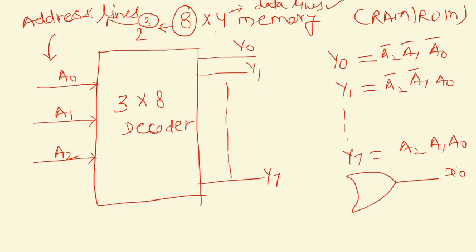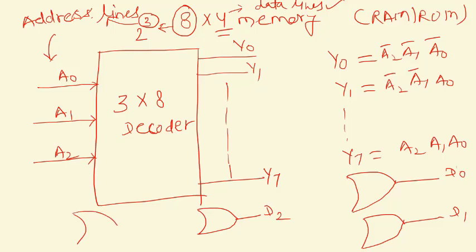There are 4 data lines, so the data lines are represented by OR gates: D0, D1, D2, and D3. Like this, the data lines can be represented.